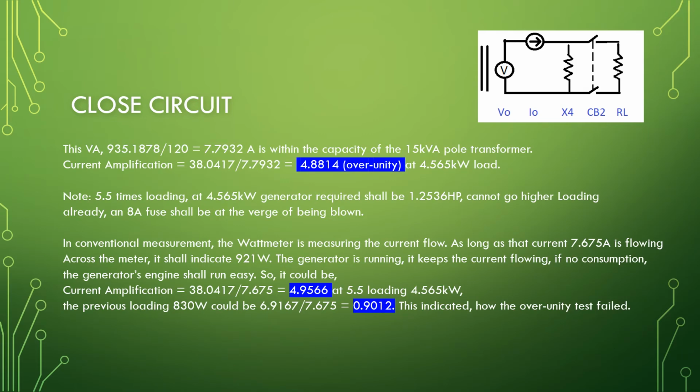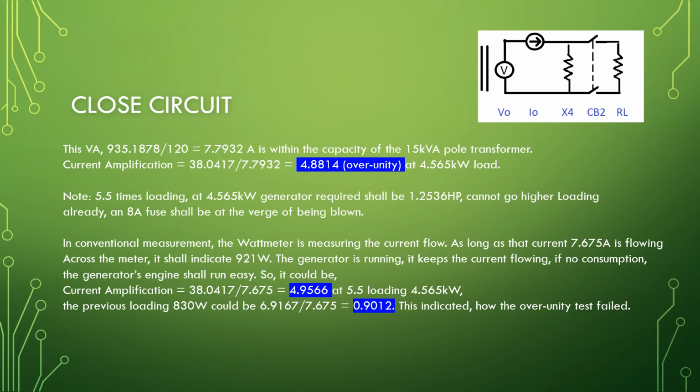935.1878 VA divided by 120 volt equal to 7.7932 ampere is within the capacity of the 15 kVA pole transformer. Current amplification equal to 38.0417 divided by 7.7932 equal to 4.8814 over unity at 4.565 kilowatt loading.